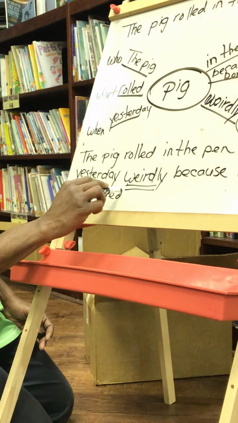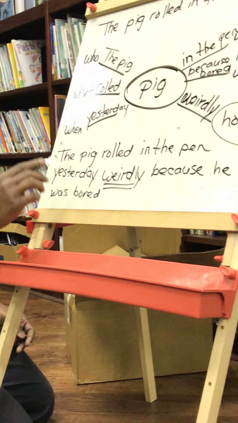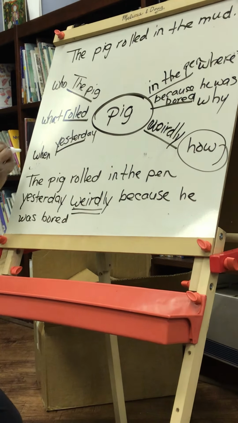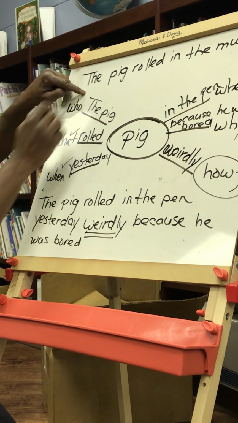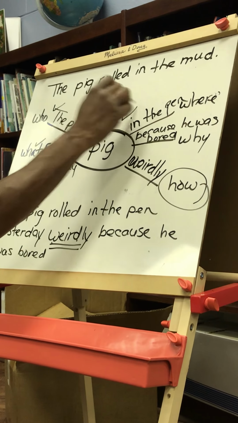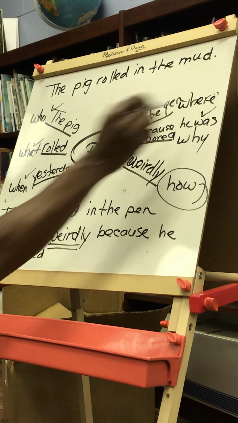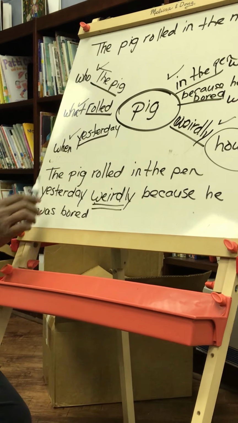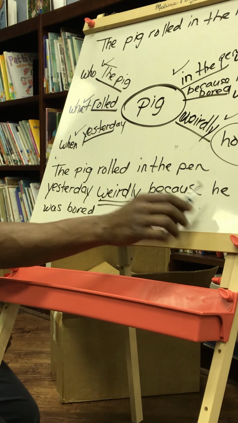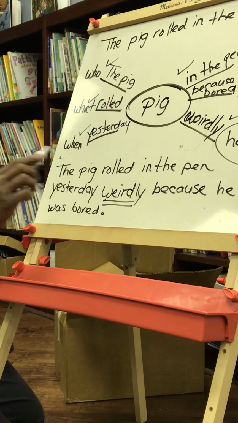Have we used all of them? We used yesterday, rolled, the pig, in the pen, because he was bored, weirdly. The pig rolled in the pen yesterday weirdly because he was bored, period.